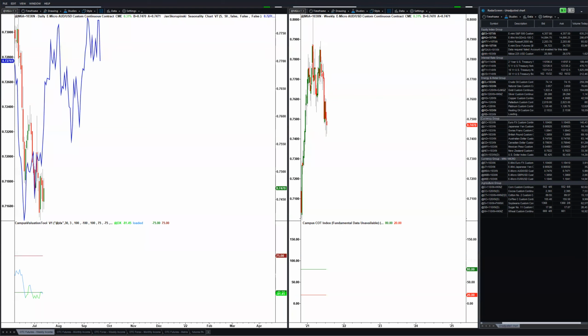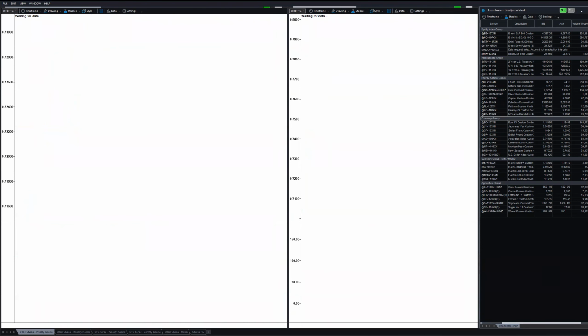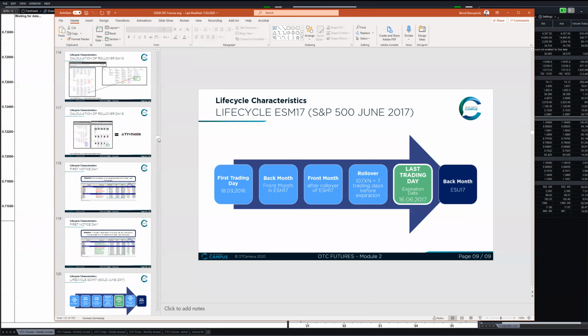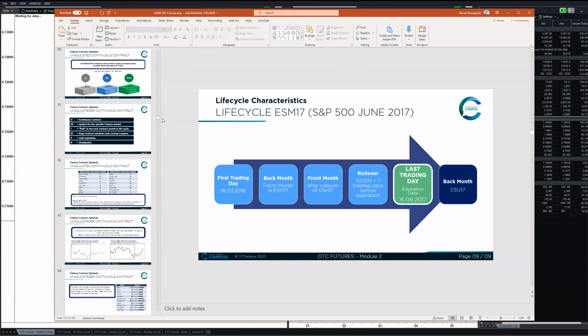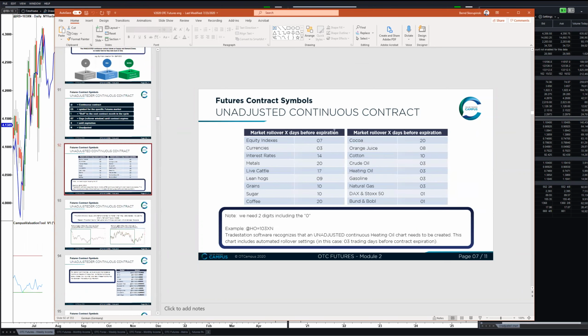But you find this on the cheat sheet, to create the symbols, right? This is on a cheat sheet, this part. I'm not sure if it's on a cheat sheet or available for downloading, but it's definitely in the futures course.